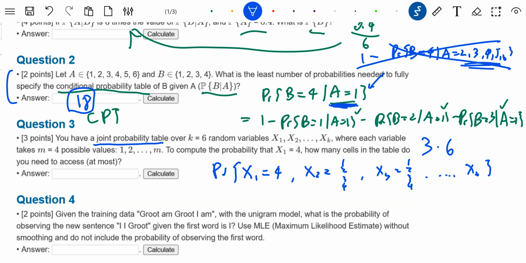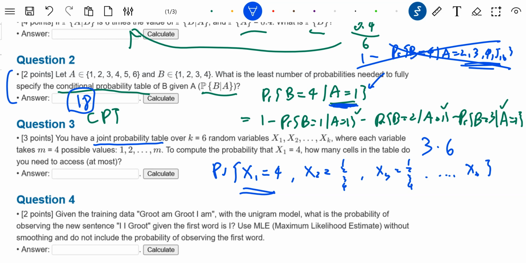So you actually need to access all of these entries. So 4, 1, 1, 1, 4, 1, 2, 1, and so on. So basically you need all of these combinations. You need to access all of these numbers in the joint probability table in order to figure out this one probability of x1 being 4.